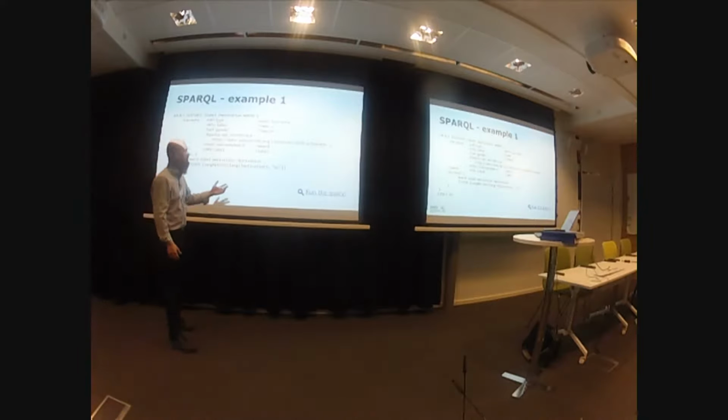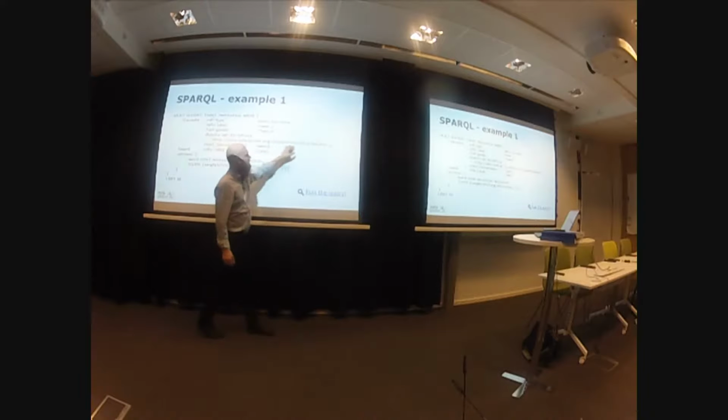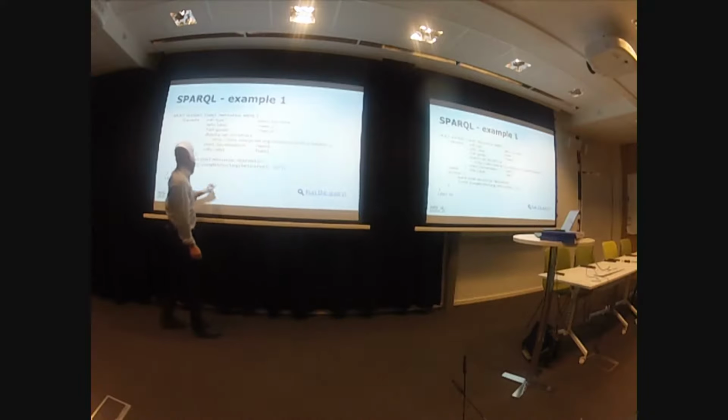It says that I want to find a thing that is a laureate, in a variable called laureate. I want to have the label in a variable called name. I want the gender to be female. I want there to be a birthplace, Sweden. And then there is a connection to something called the laureate award.